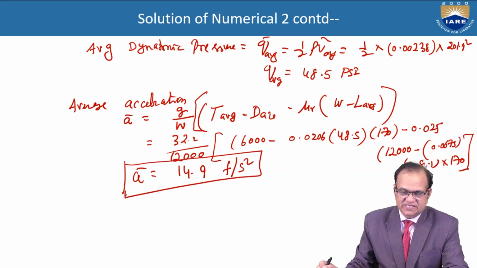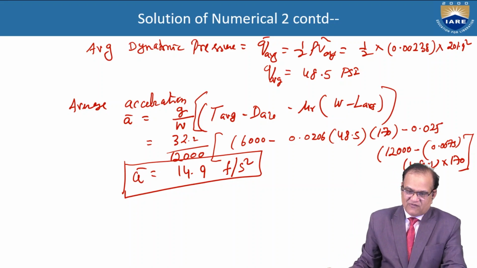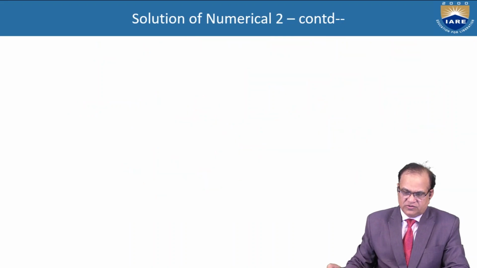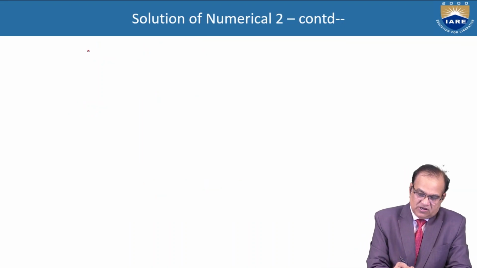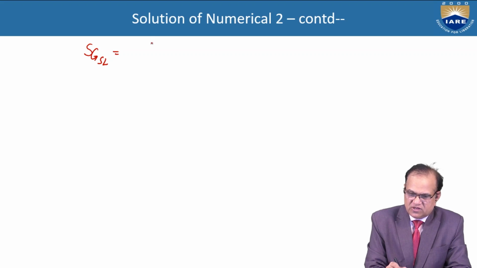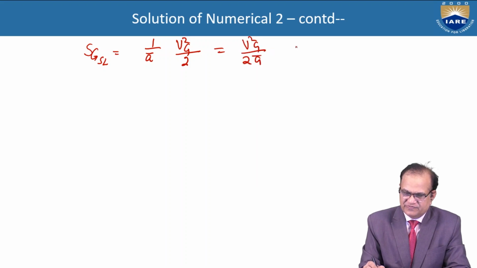So now we got the average acceleration, so we can find out the ground roll distance. So SG is equal to V square by 2 A bar.